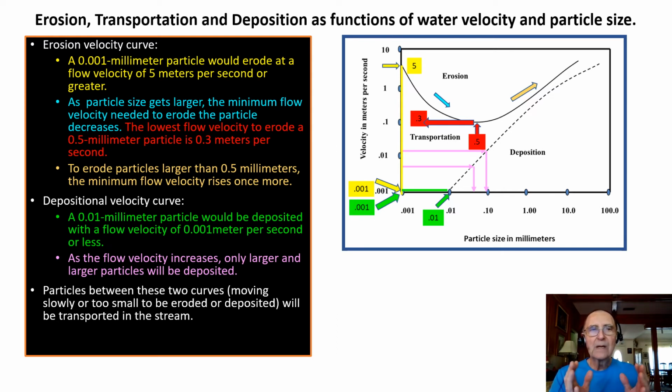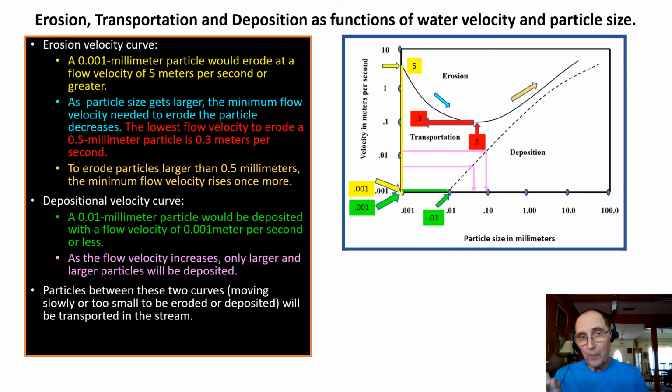Now, a 0.001 millimeter particle would erode at a flow velocity of 5 meters per second or greater. That is shown in yellow on the diagram. As particle size gets larger, the minimum flow velocity needed to erode the particle decreases. That is shown by the blue arrow.